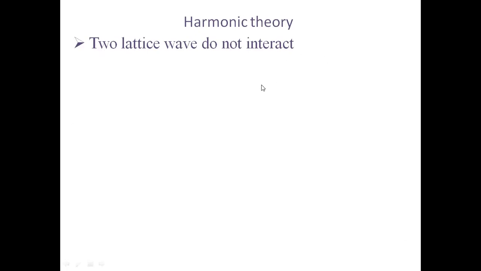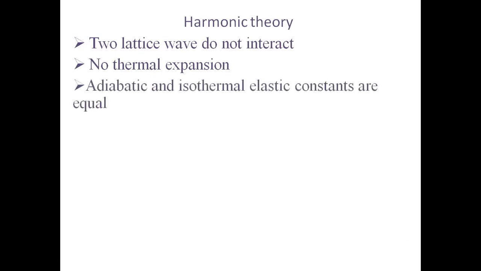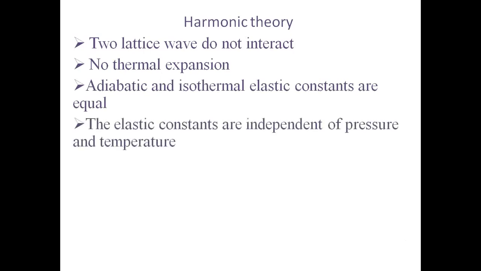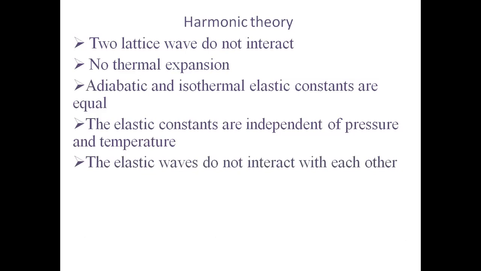The second condition is that there is no thermal expansion for harmonic oscillations. In the case of harmonic oscillations, adiabatic and isothermal elastic constants are equal, and the heat capacity becomes constant at high temperature. The elastic constants are independent of pressure and temperature. Those are the conditions for harmonic theory.